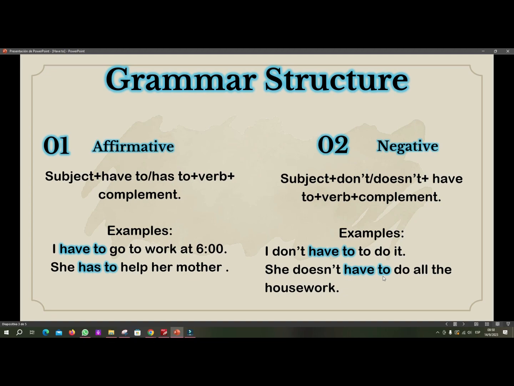She doesn't have to do all the housework. She is third person singular, and here you need to use doesn't because that is third person, right? And if you notice here, you're going to use have to, the base form, not has to, okay? Then the verb in the base form and the complement.